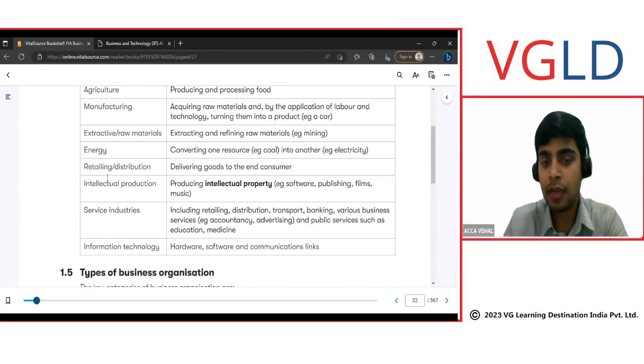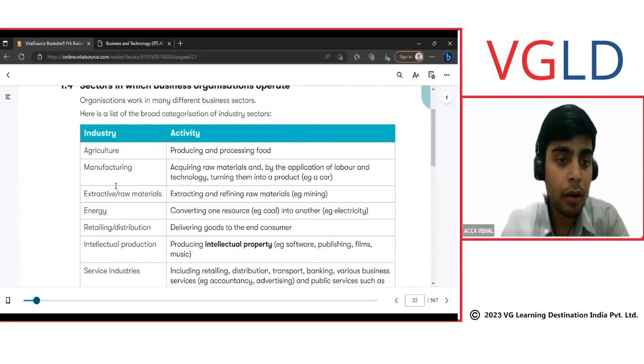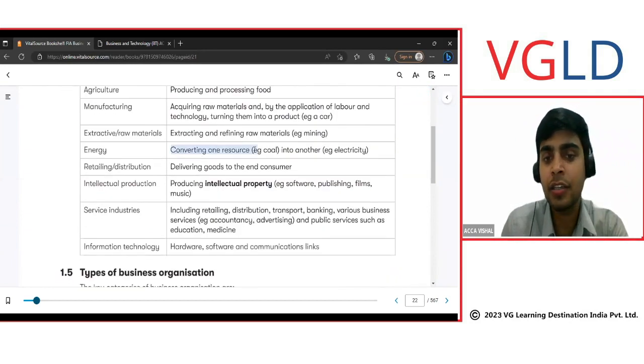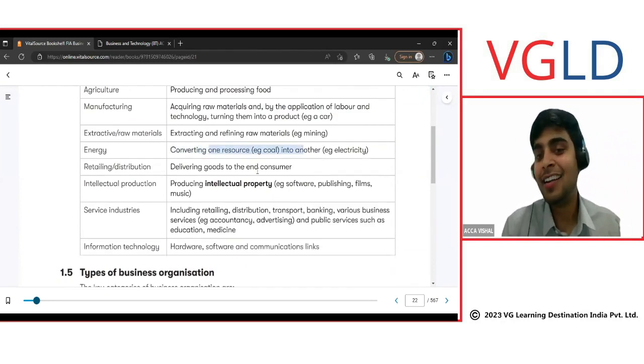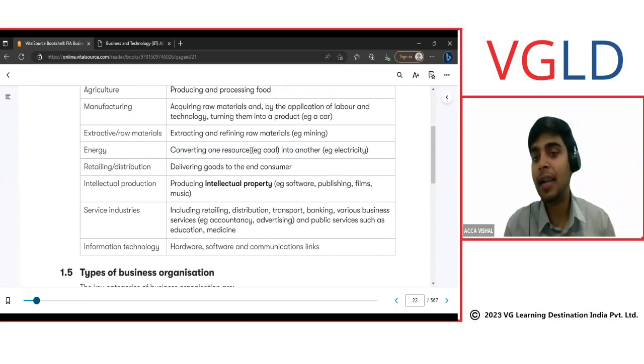Just a few more points we are going to cover, and then I think we are going to take a break. Okay. Extracting raw material, energy. Somebody gave me a list of the energy sector, and in case you don't know, let me make you clearly understand. We are working on an online platform, and this online platform requires internet, and that internet runs on electricity.